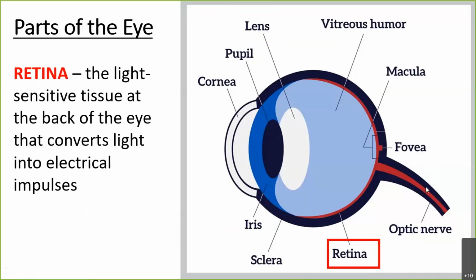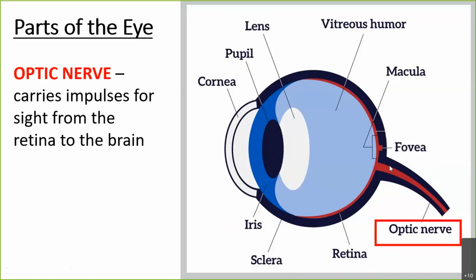What is the retina? Well, you can think of it like a screen. That's where the image is focused. That's where it's supposed to be focused when you have normal vision. Okay, so for most people who have normal vision, all of the light ends up at the back of the eye, and there the light is focused and then it travels as electrical impulses to the optic nerve.